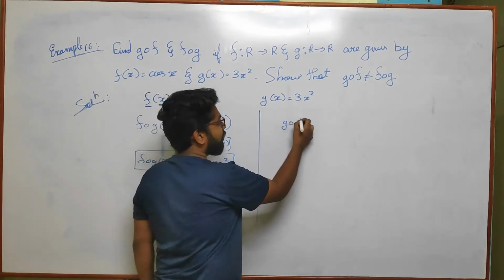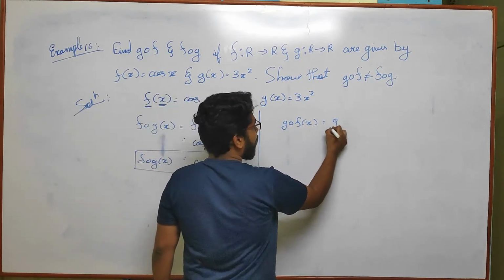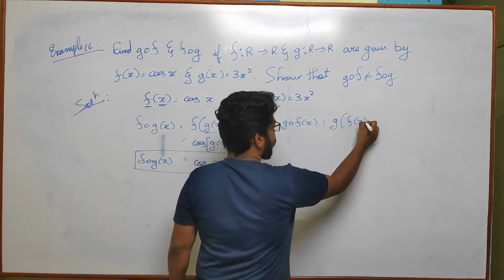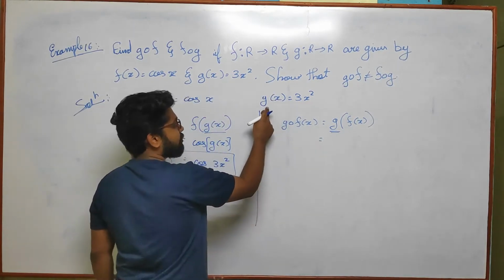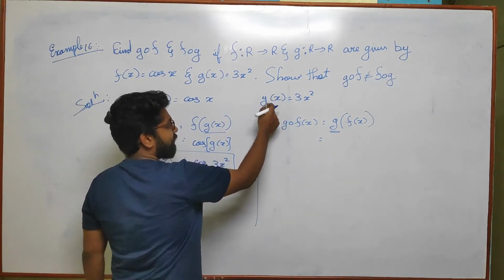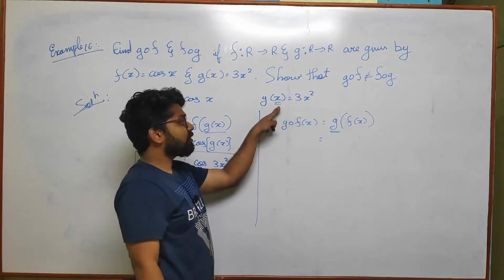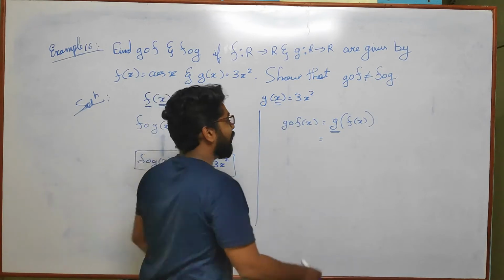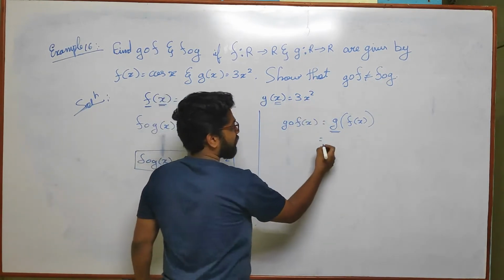We are asked to find gof of x as well. Now as usual this circle opens up, giving us g of f of x. Observe g: here you have x inside the bracket, that's why you are getting x here. If it was y over here, you would get y, but what you have here is f of x, so you should get f of x over here.